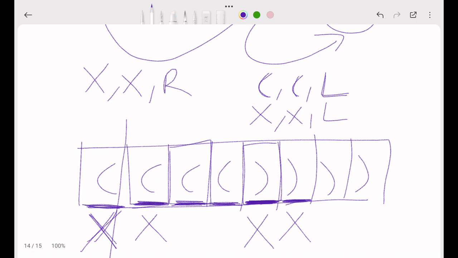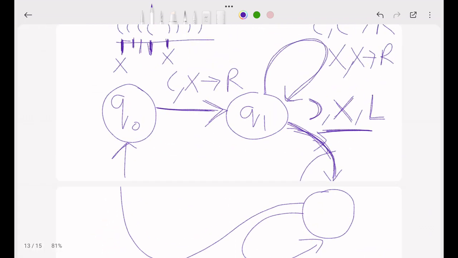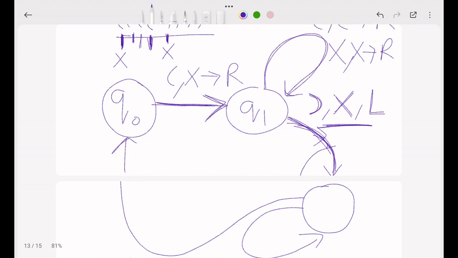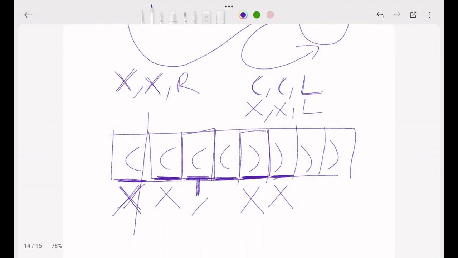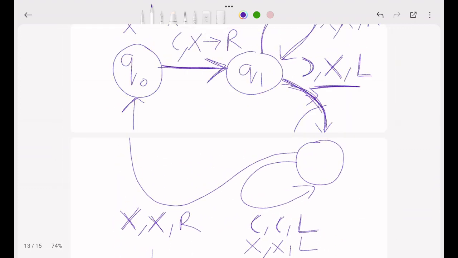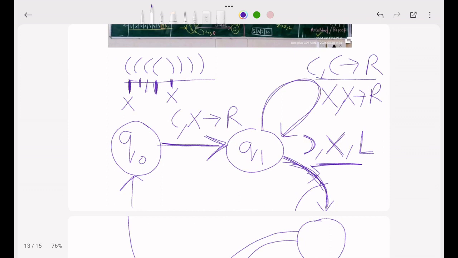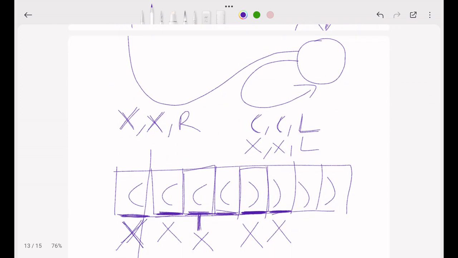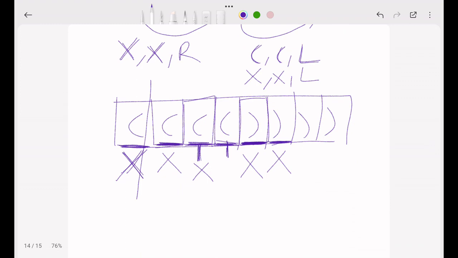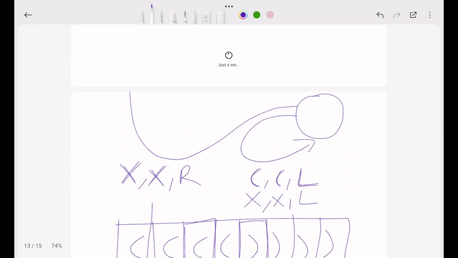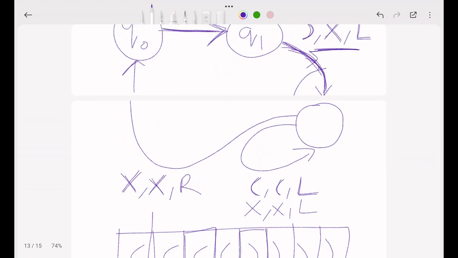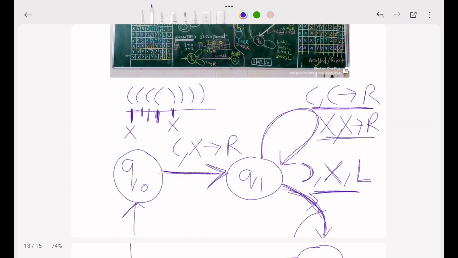Now whenever x is coming, x replaced by x and move right. Now I am here, again the same position. Whenever this symbol is coming, replaced by x and move right. Here again this symbol replaced by this symbol and move right. Now x is coming, x replaced by x and move right.